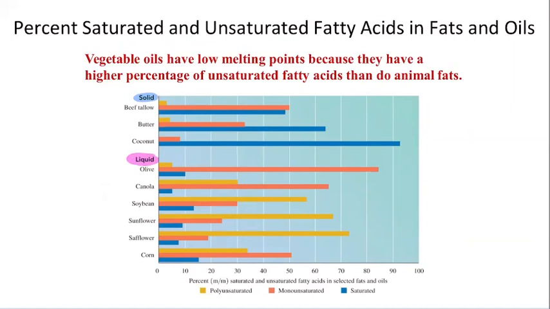We can also appreciate that this bar graph can tell us if a particular substance has polyunsaturated, monounsaturated, and or saturated fatty acids in it. Let's observe how that information gives us an insight into the state of matter.